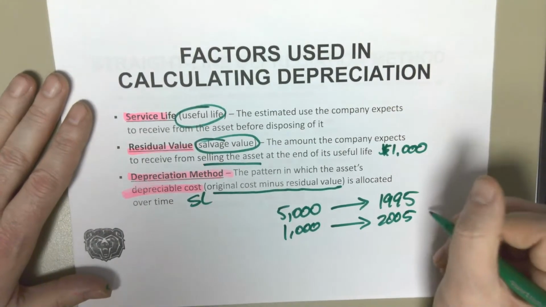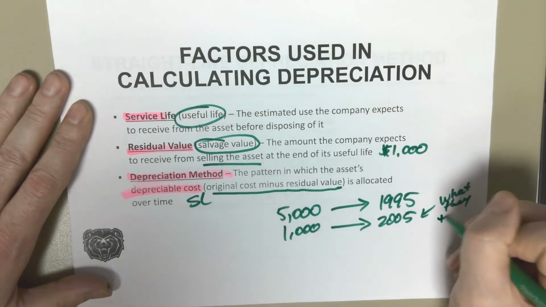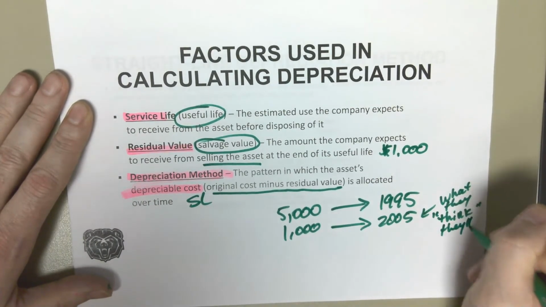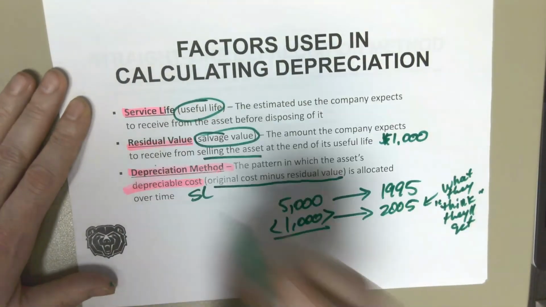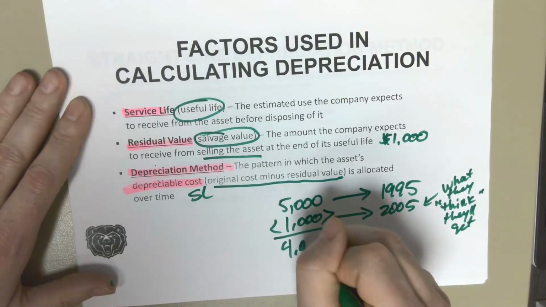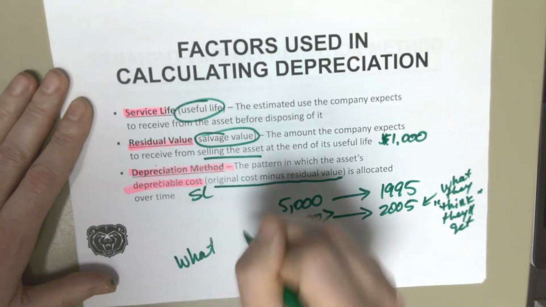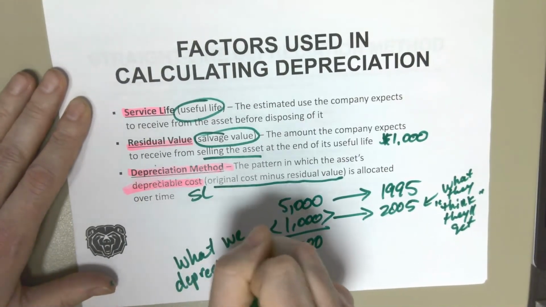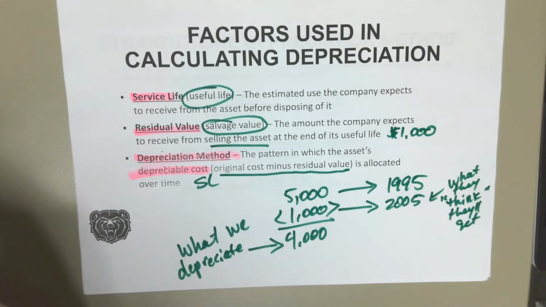This is what they think they can get, and remember, this is what they think. Then our actual depreciable cost is going to be $4,000. This is what we depreciate. So just think of it in terms of that.